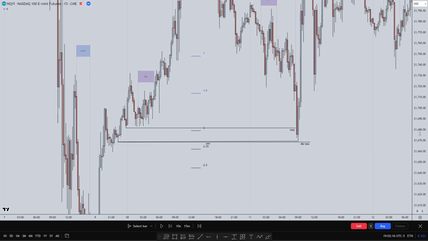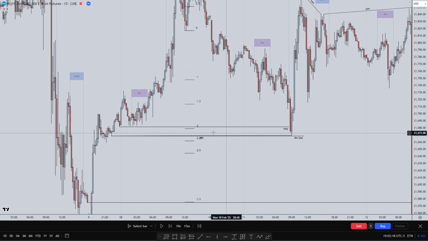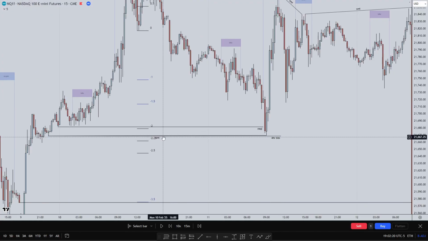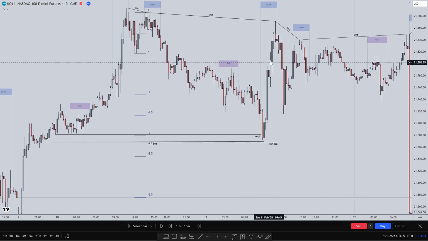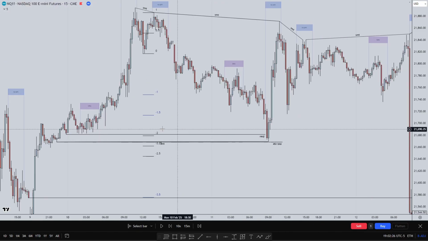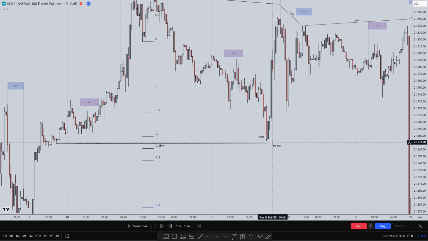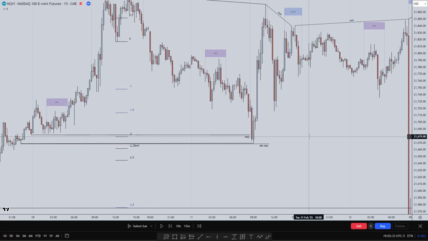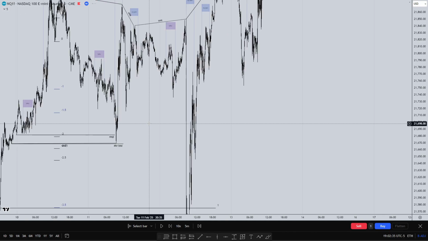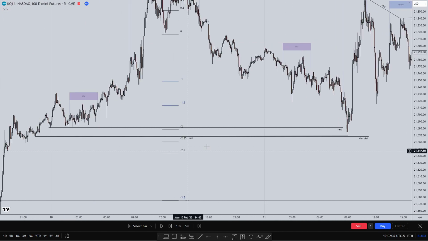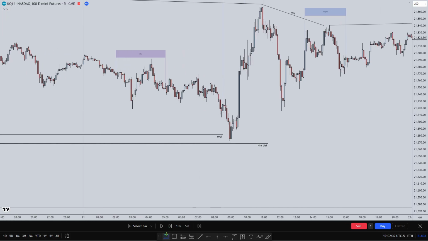ES dug into its 4-hour, but NQ didn't. So we got that bullish SMT in the reversal deviations that started that distribution move back up. But ran the lows, SMT almost, I guess, in that PD array. But then we have, right, our move up.